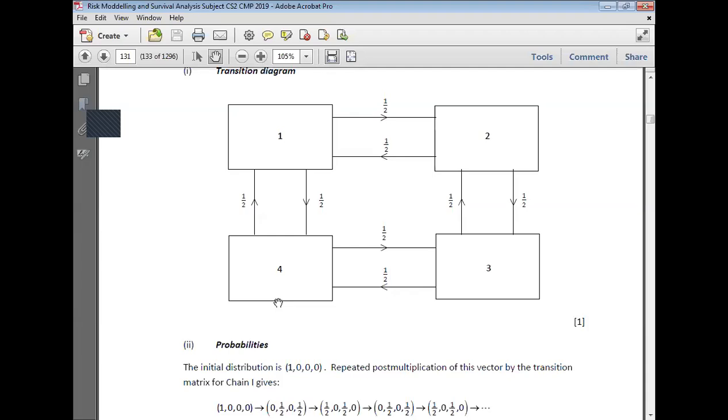The statement says that if we have irreducible and aperiodic, it converges, right? This is a bit confusing when I say it. But here we do not have aperiodic.